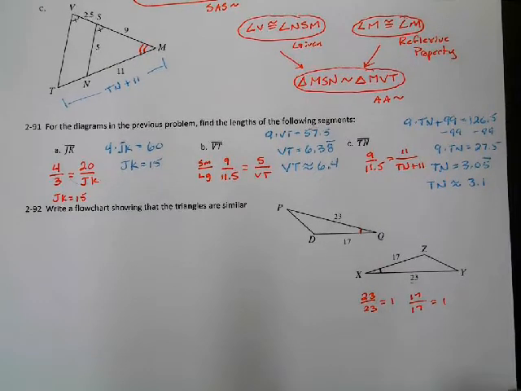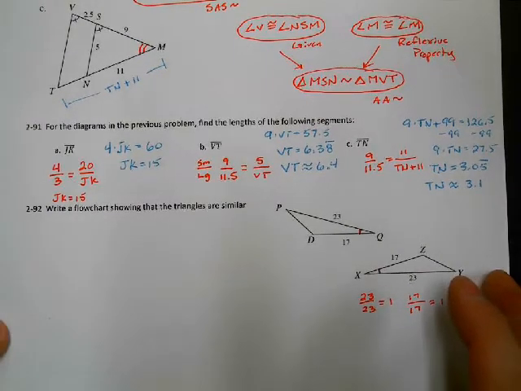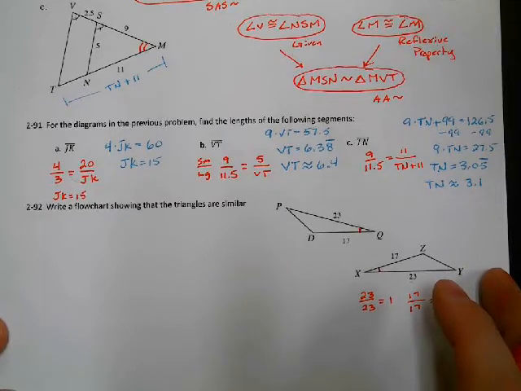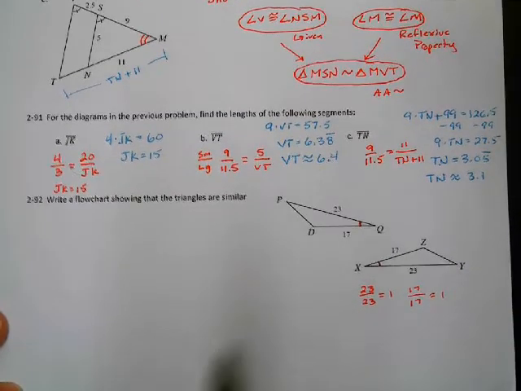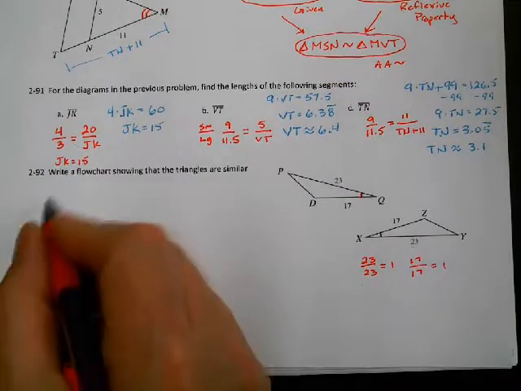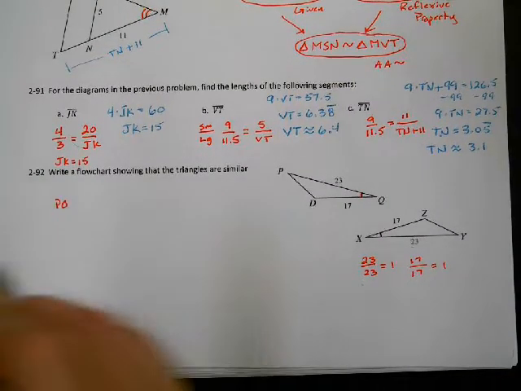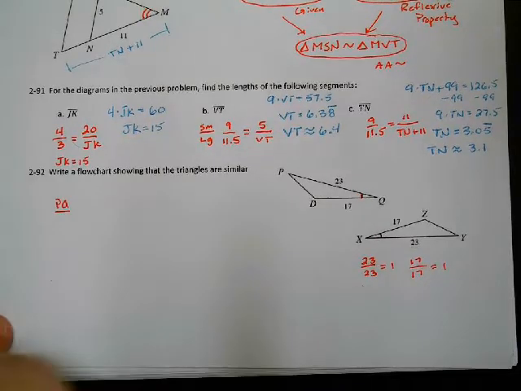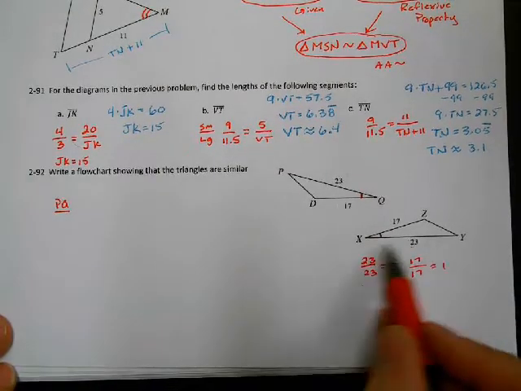But they want a flow chart showing that they are similar. So we're going to do it very similar, a lot like that very first one that we did at the top of the page. So we would say PQ over, we matched it with XY, came out to 1.